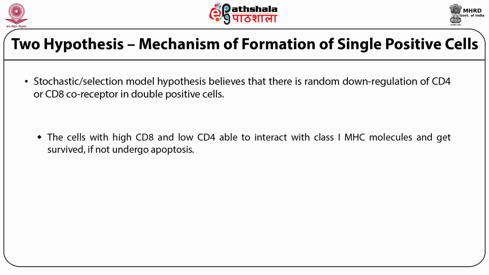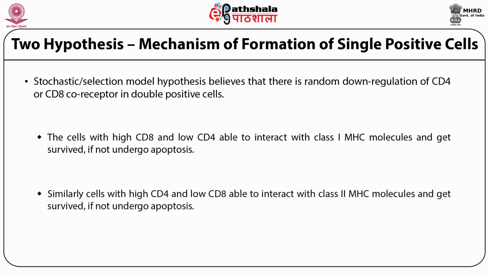And if it doesn't interact, it will undergo apoptosis. And the cell with high CD8 and low CD4 is able to interact with class 1 MHC molecule and survives. If it doesn't interact with class 1 MHC molecules, it undergoes death.